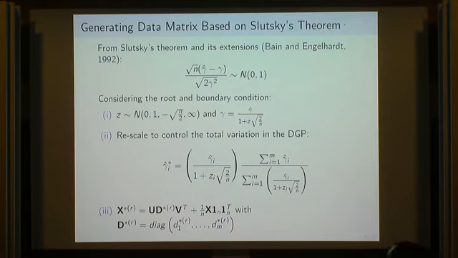If we do that, then the total variation of the original data matrix will be equal to the total variation of the synthetic data matrix. So that is why we use this rescaling. Once we calculate this rescaled version of eigenvalues, we place this here.